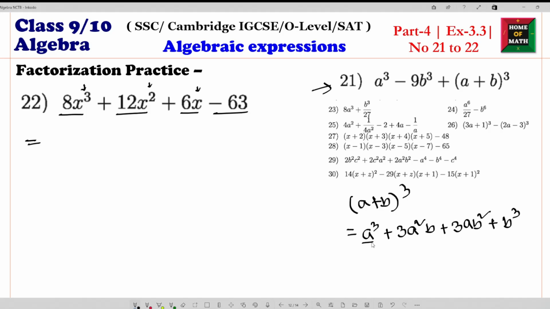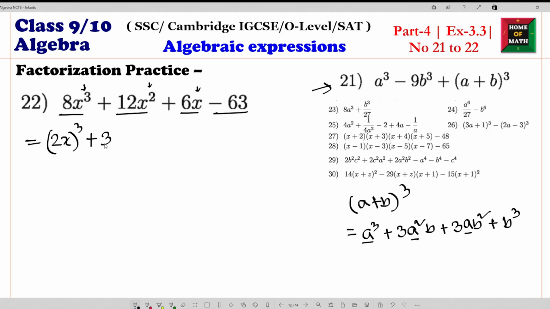So look, this is a cube, it means x cube. Here is a square, it means here is x square. Here is only a, so this is x. So we have to make this format, this algebraic expression. How? Look, 8x cube, we can write (2x) cube. 2 cube means 8, x cube means x cube, plus 3a square b.